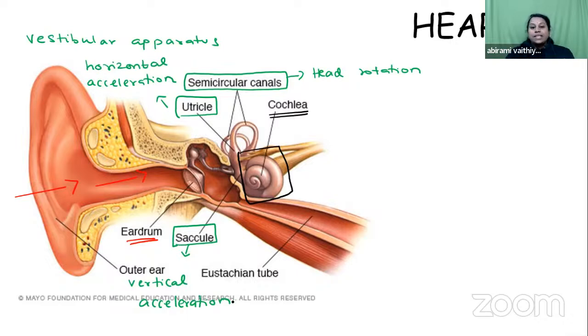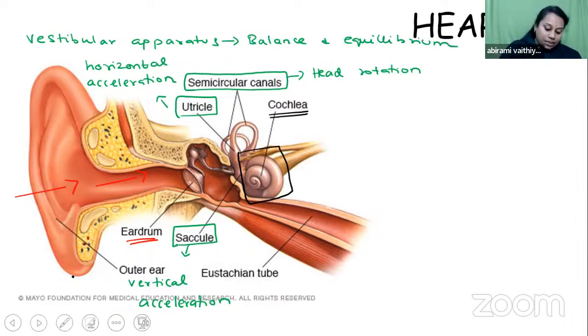And therefore, they correct all these changes and give you balance. So what is the role of vestibular apparatus? To give you balance and equilibrium.